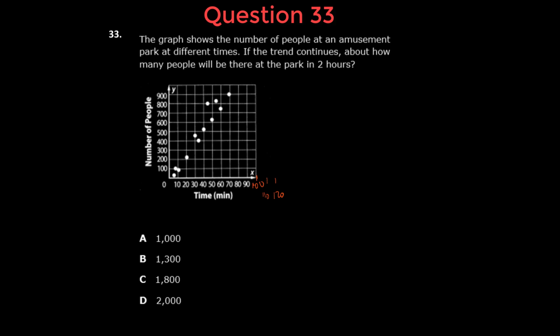To find the answer for this question, we will be drawing a line that represents our point here. And drawing such a line, we will see that for 60 minutes, it's going to be roughly 900.